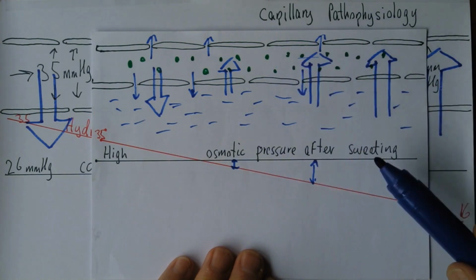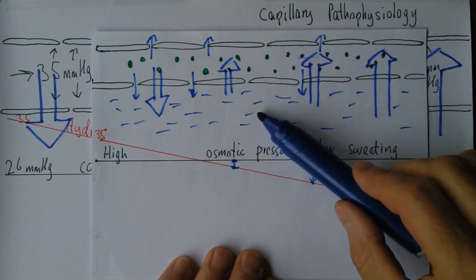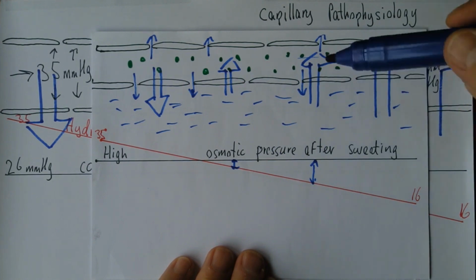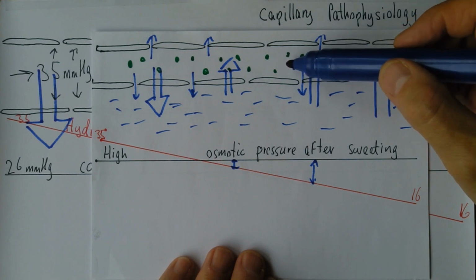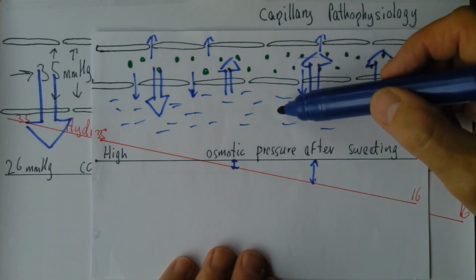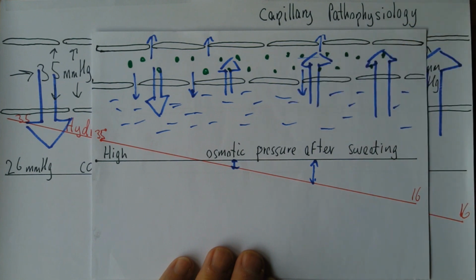Now of course it's better if you drink, because eventually this is going to become depleted and you will become dehydrated. But this physiology explains nicely why intravascular volumes, and therefore blood pressure, can be maintained even in the presence of really quite significant dehydration. So that's a really useful mechanism.